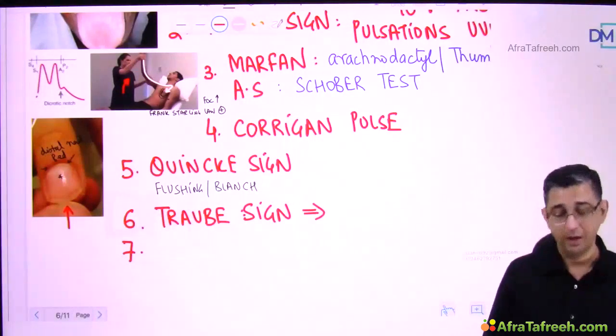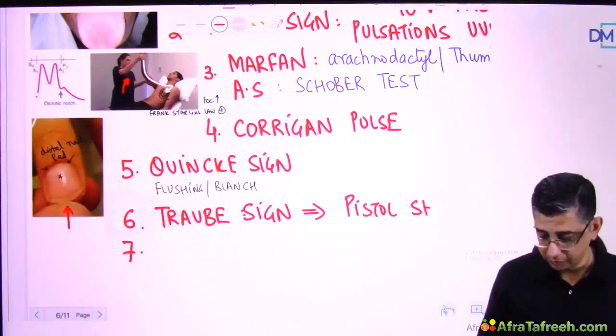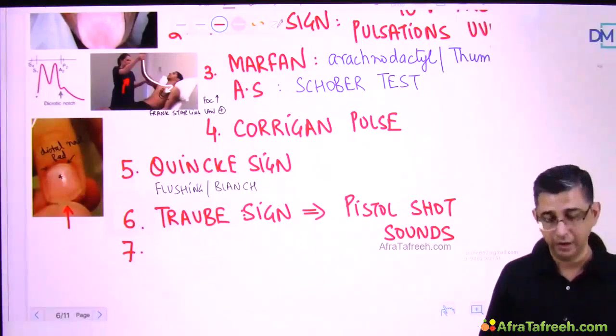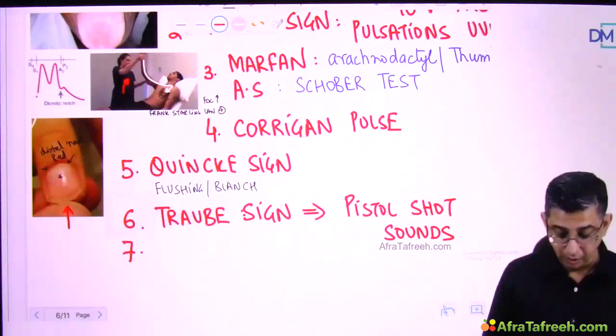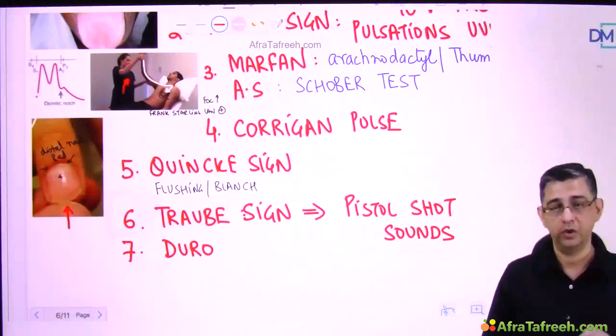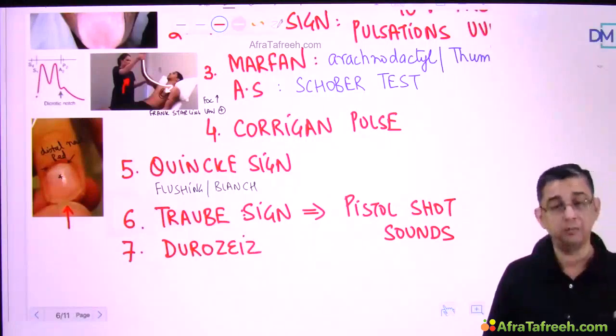Traube's sign indicates the pistol shot sounds which can be heard over the femoral artery of the patient. The reason is the same, the forward and the backward movement of the blood occurring in the entire circulation. Now, when you press gently on the femoral artery with your stethoscope, you will be able to hear a to-and-fro murmur over the femoral artery.